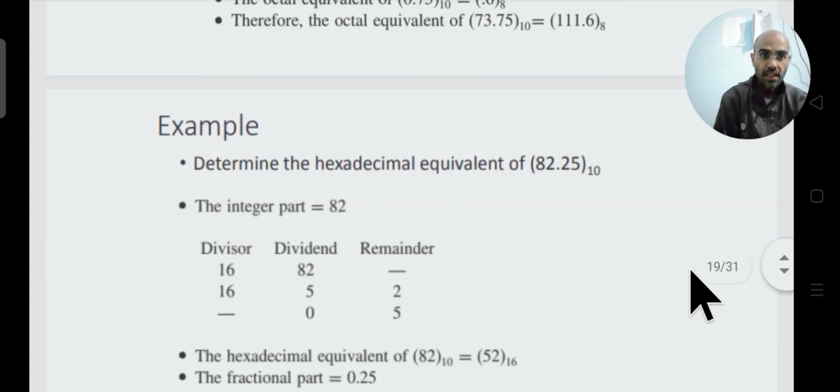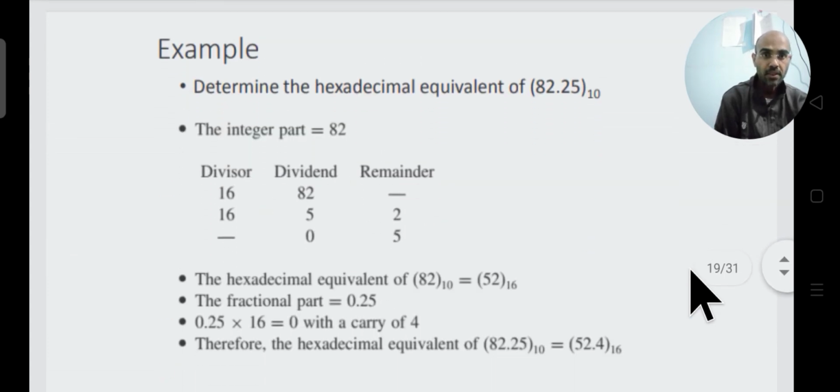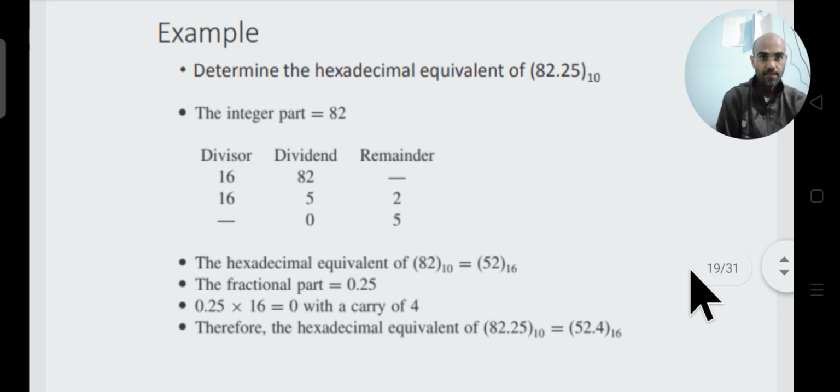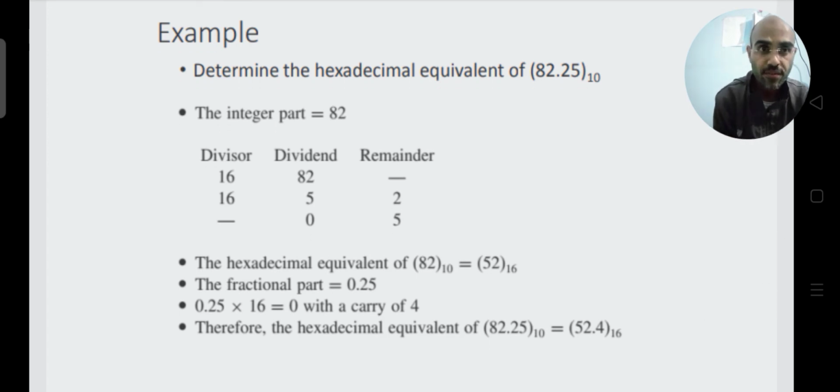Now let's see a similar example in the hexadecimal system. The given number is 82.25, which is a decimal number, and we have to convert it into its hexadecimal equivalent.